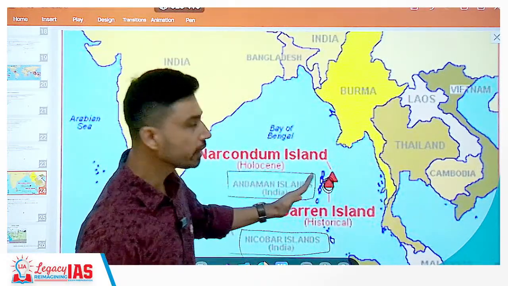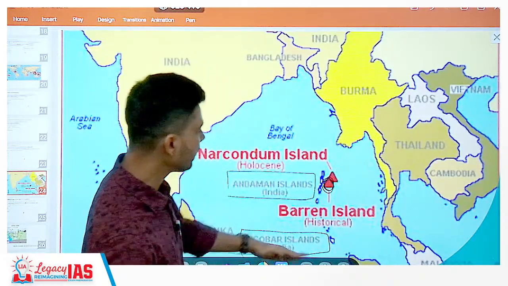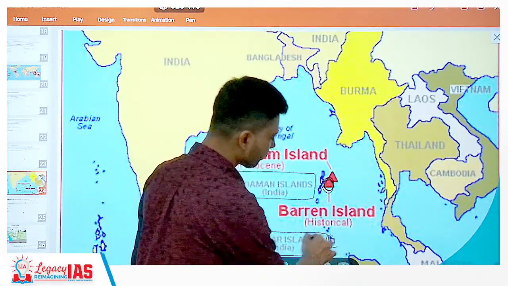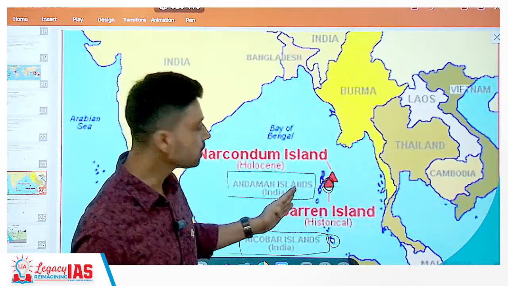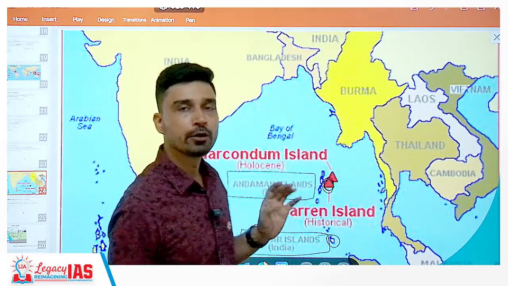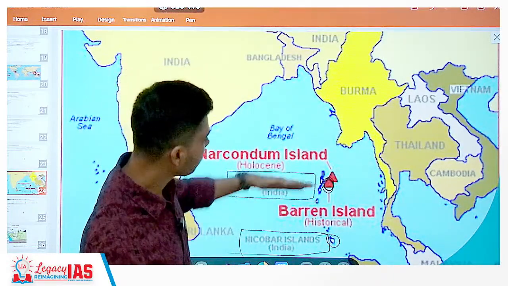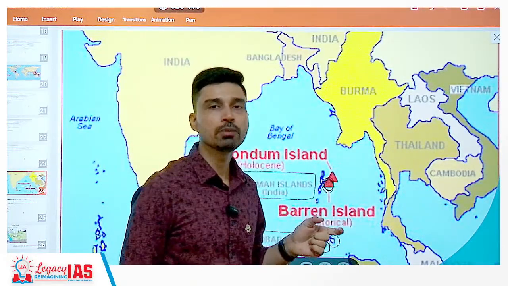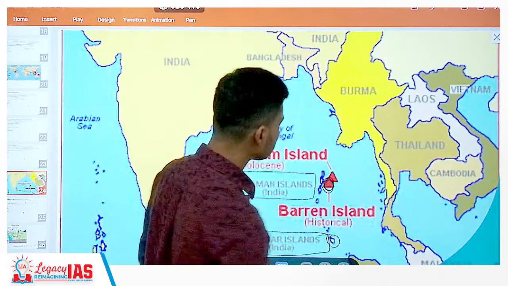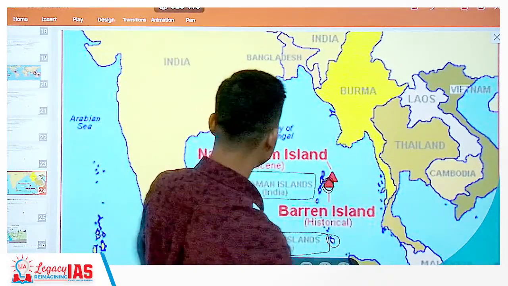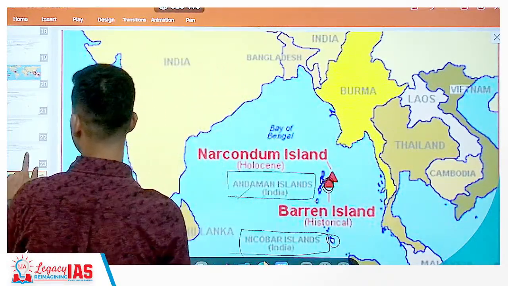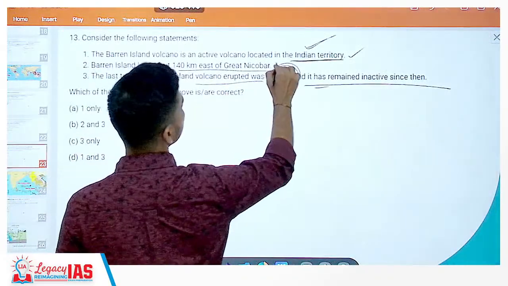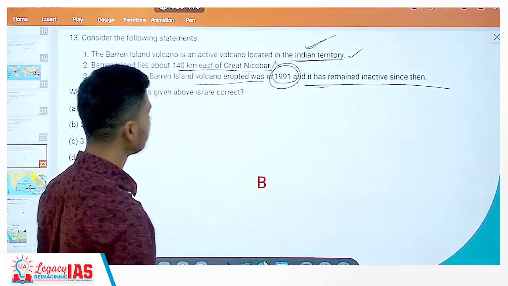They are not situated near Great Nicobar, which is somewhere here. They are rather situated slightly to the east of Middle Andaman. The Andaman Islands are divided into 4 parts: North Andaman, Middle Andaman, South Andaman and Little Andaman. Slightly to the east of Middle Andaman, you have Barren Island located here. That means the second statement is incorrect.